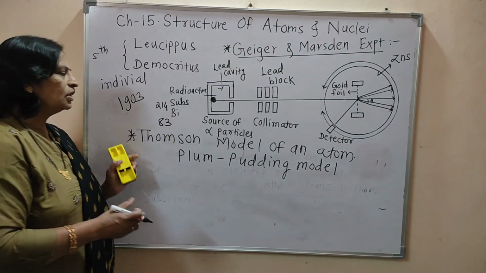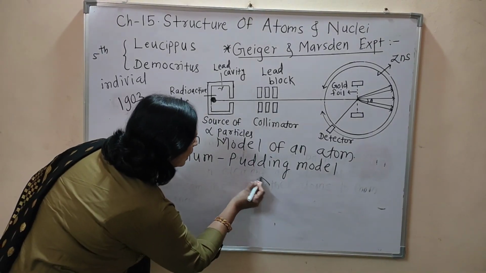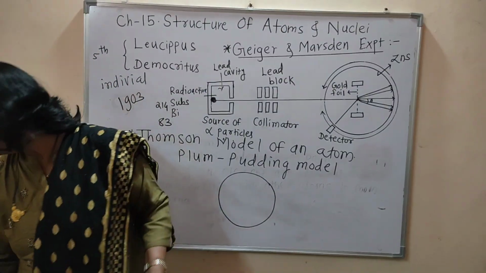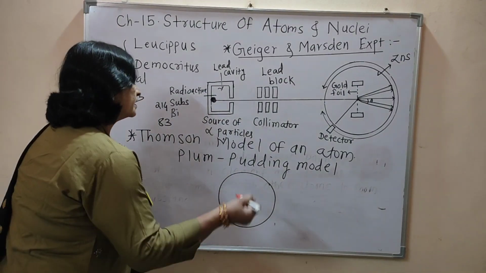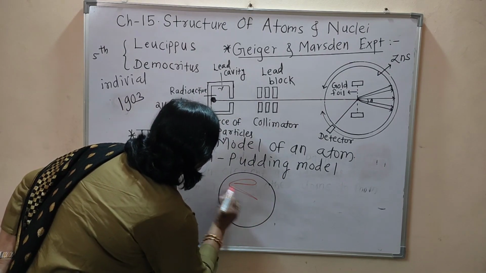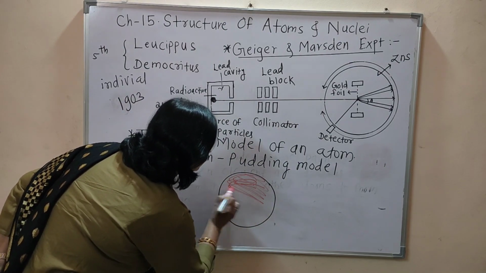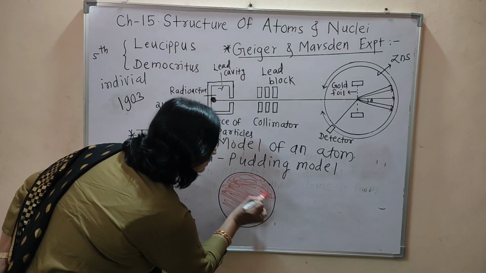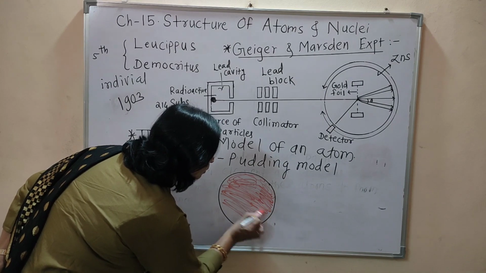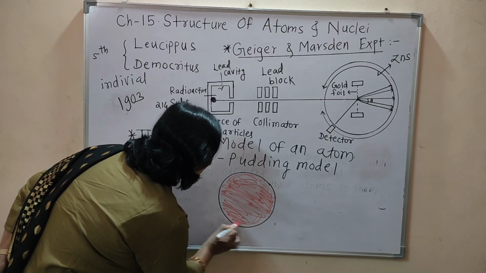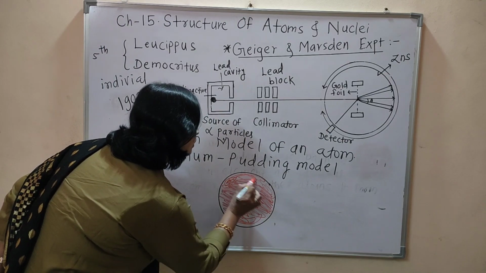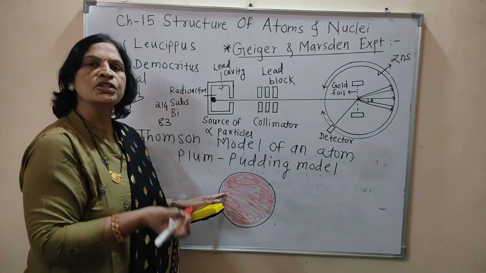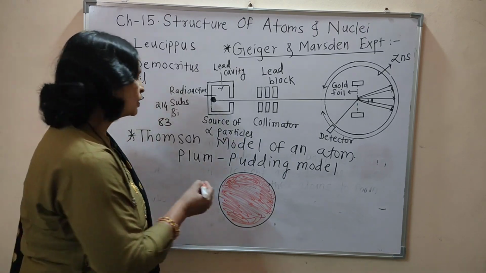Now, according to this Thomson model, an atom is spherical and positively charged. Let us consider a watermelon. The inside bulky part of that watermelon is nothing but the positively charged part. Means the atom is a uniformly charged positive sphere.